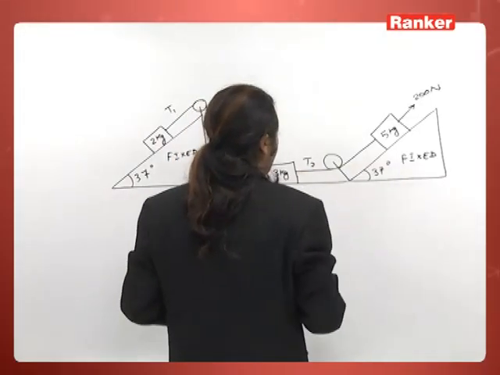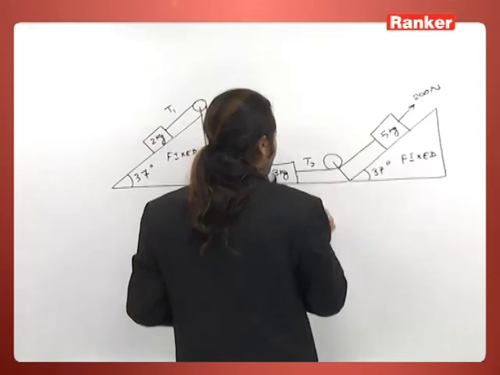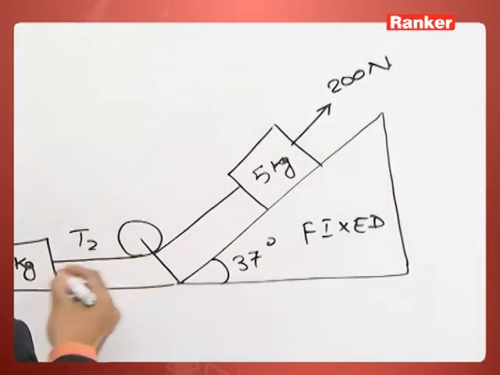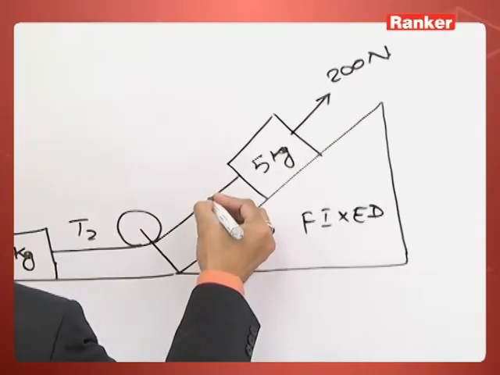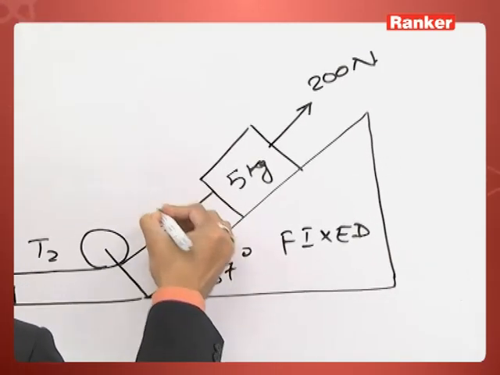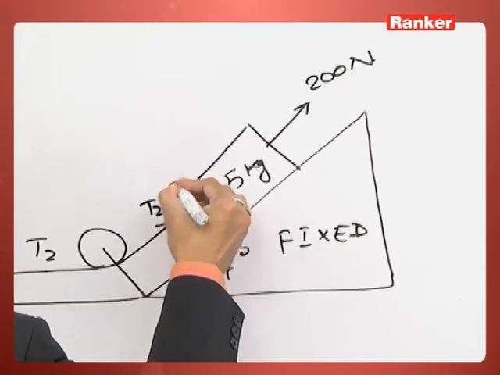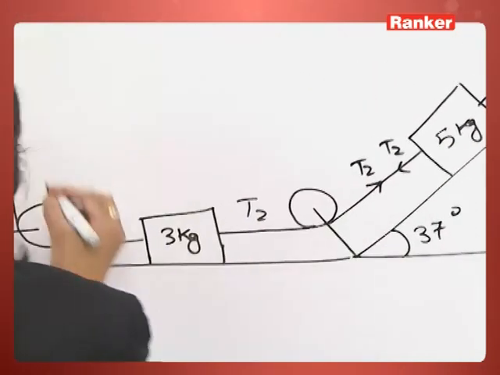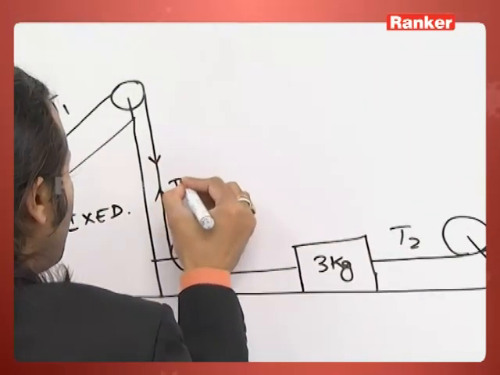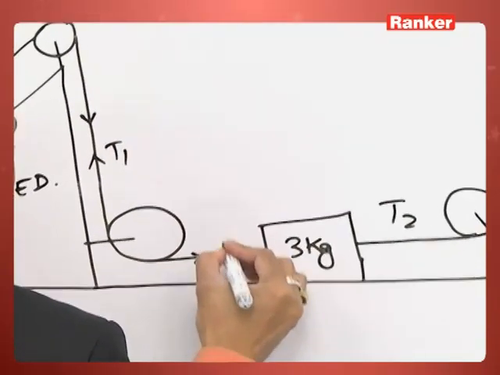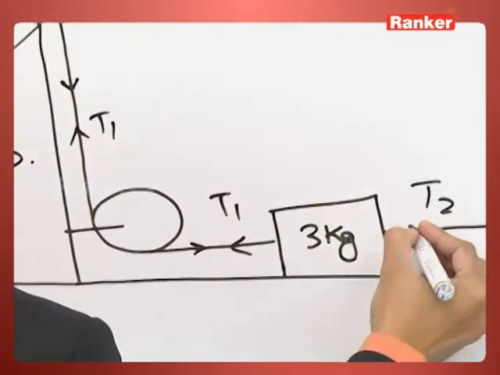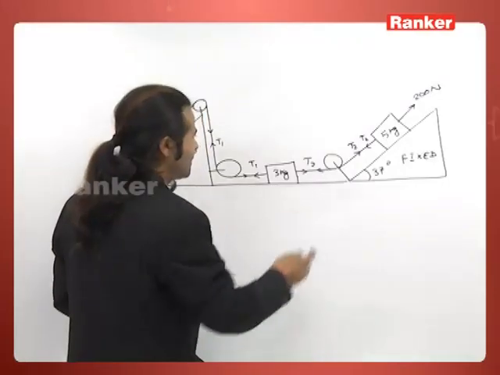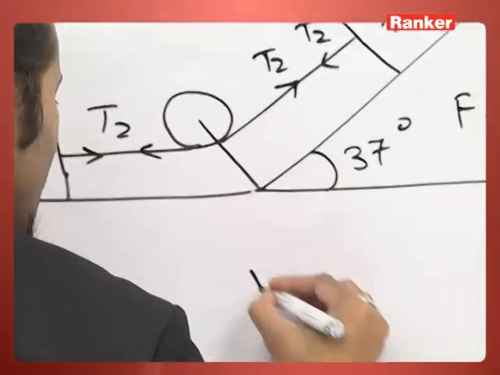So let us go with the 5 kg block. Here it is T2. Since the string is massless, here it will be T2 only. Here, since it is T1, it will be T1. Now let us resolve all the forces.